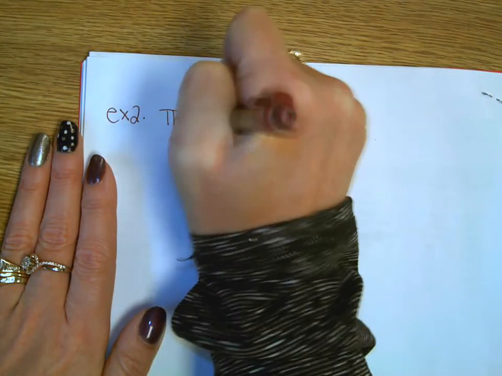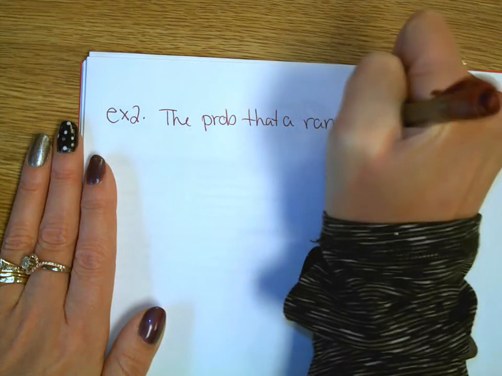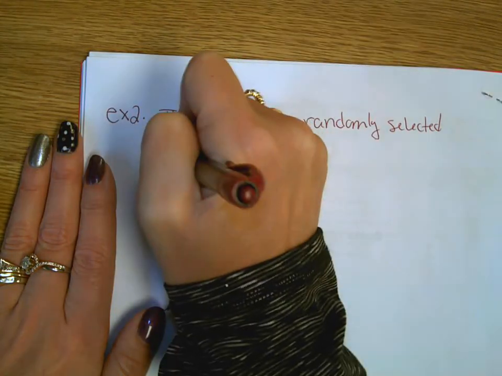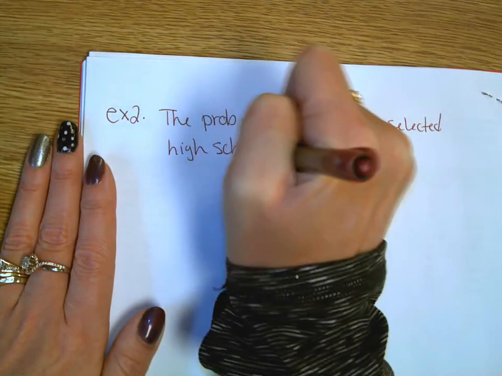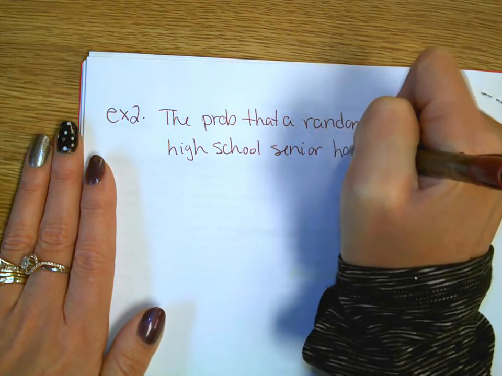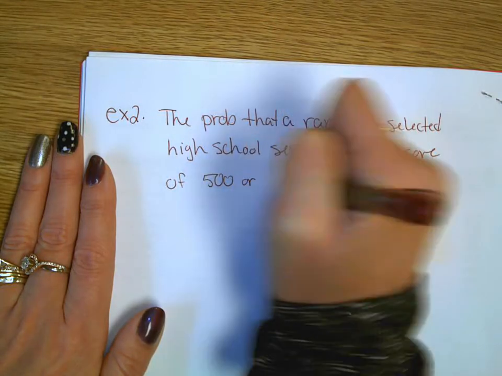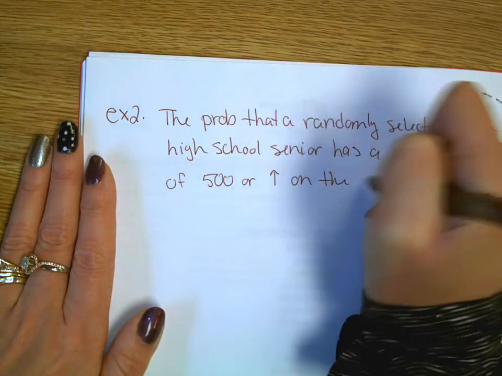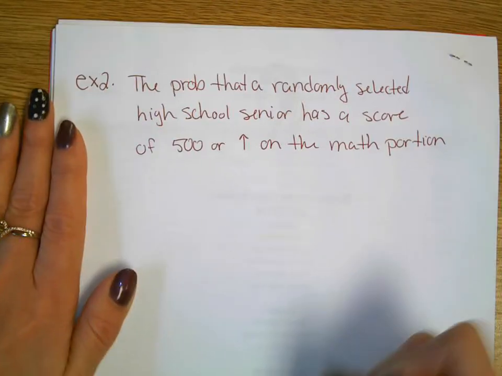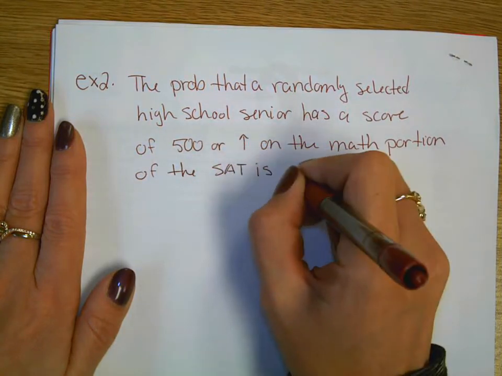The probability that a randomly selected high school senior has a score of 500 or higher on the math portion of the SAT is 0.49.